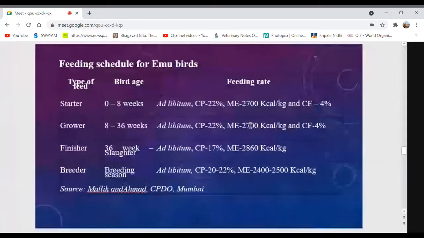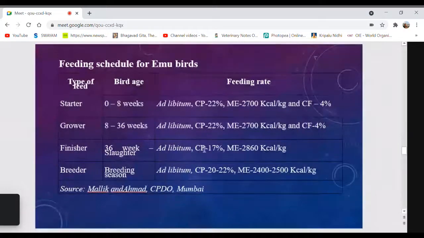Then finisher, 36 weeks onward, this is for broiler emu, 17% CP, ad libitum feeding, 2,860 kilocalorie. And breeder layer, male and female, ad libitum feeding, 22% protein and 2,400 to 2,500 kilocalorie metabolizable energy per kg.